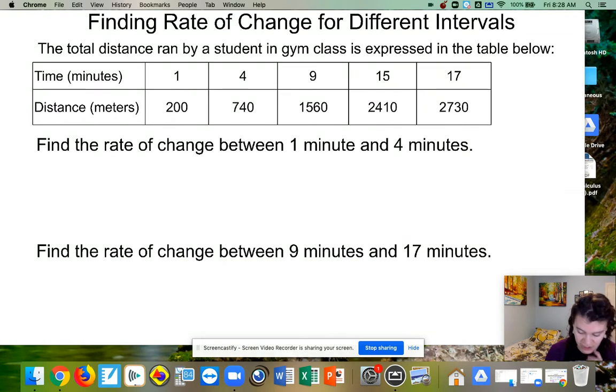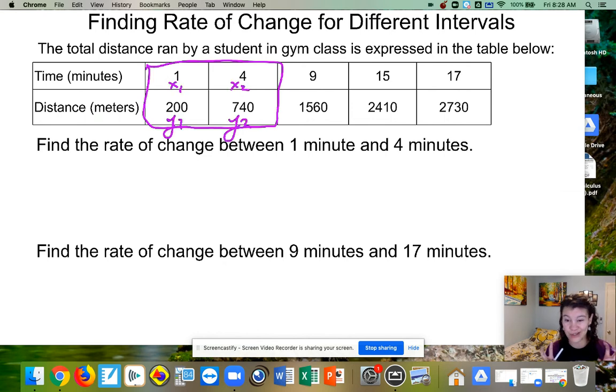Okay, so rate of change on different intervals. So here we have the total distance ran by a student in gym class is expressed below. So we're trying to look at the rate of change between minutes 1 and 4. So we're looking at these two boxes right here. So if we think of this as our x1, x2, y1, y2, then we're finding the slope or the rate of change between those two.